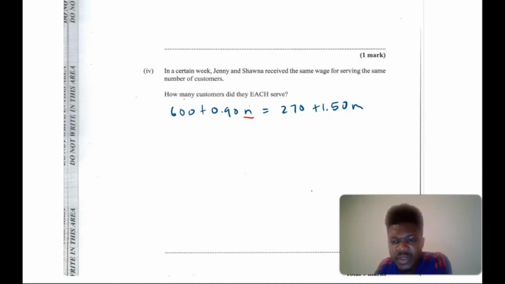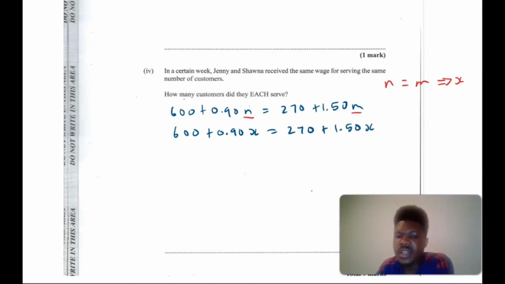If they serve the same number of customers, then N equals M, so we can replace them with a common variable, let's say X. So we rewrite to say 600 plus 0.90x is equal to 270 plus 1.50x. Now we group the like terms on one side, keeping the x terms on our left.